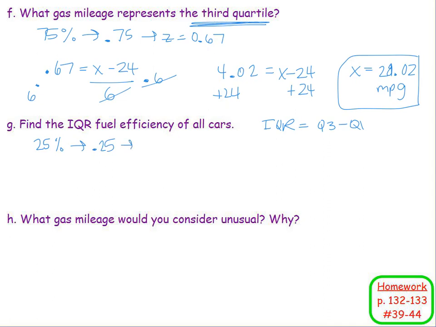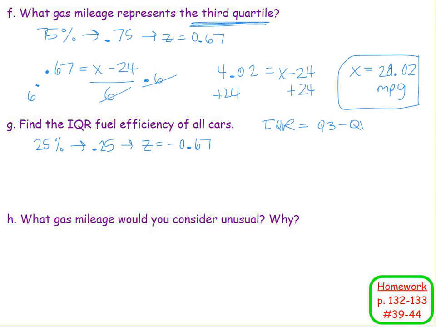This one you're going to be looking up on your negative side because it's less than the halfway point. So if you look it up on the negative side, the closest thing to it is 0.2514. 0.2514 goes over to a z-score of negative 0.6, and up to a 7.